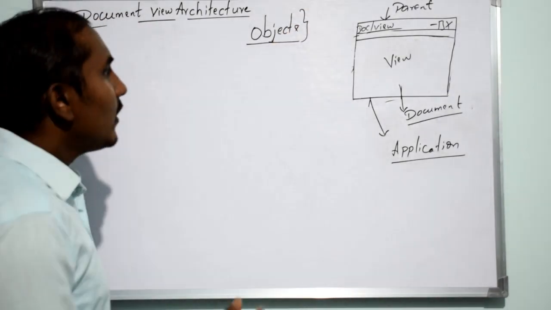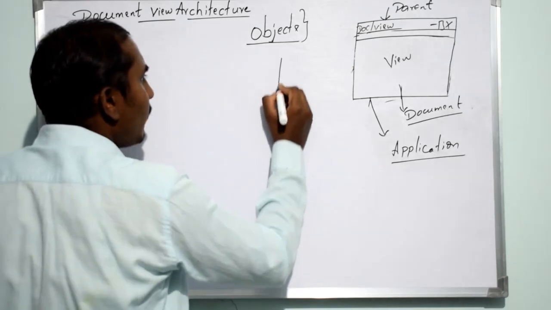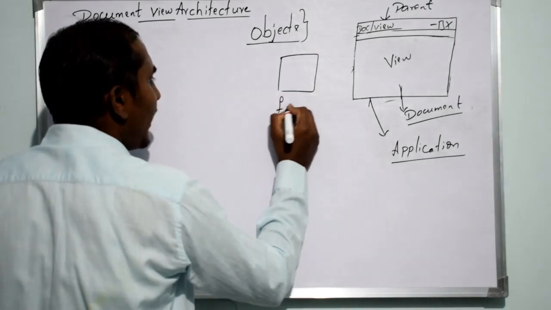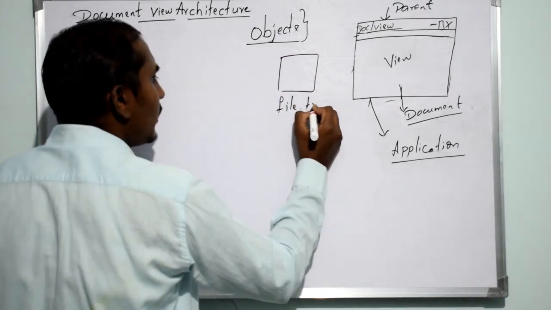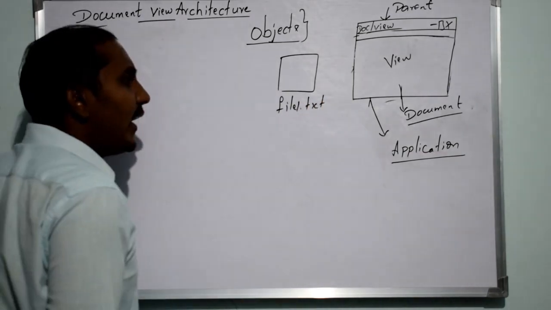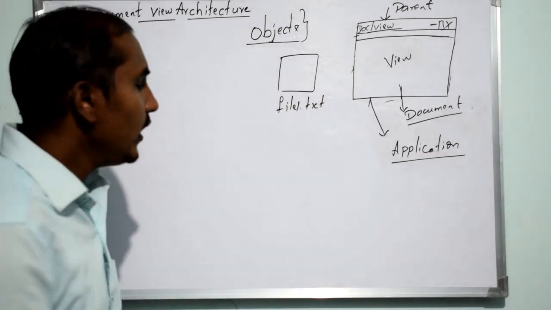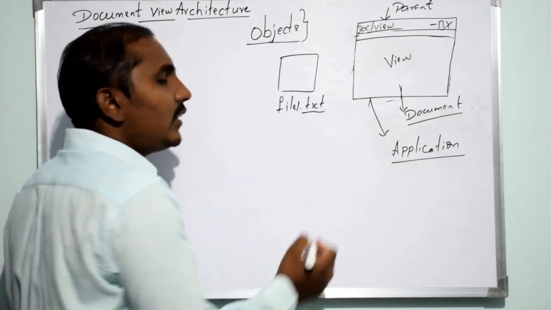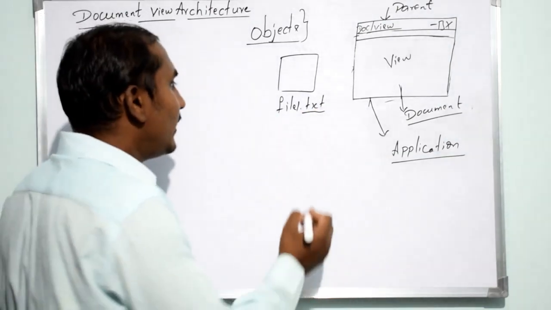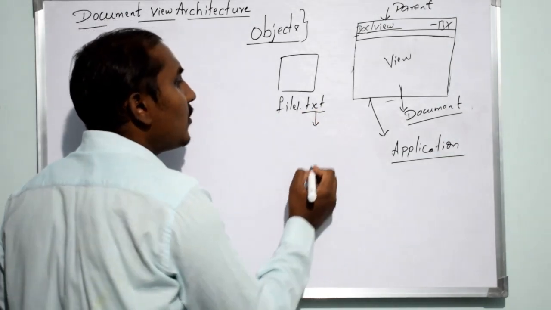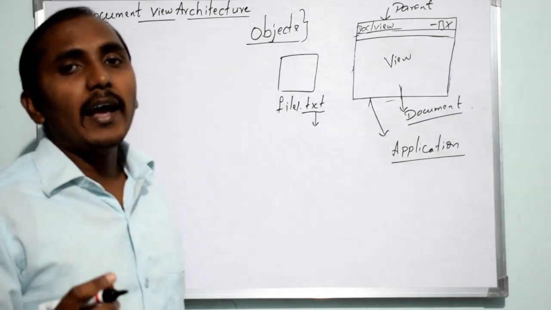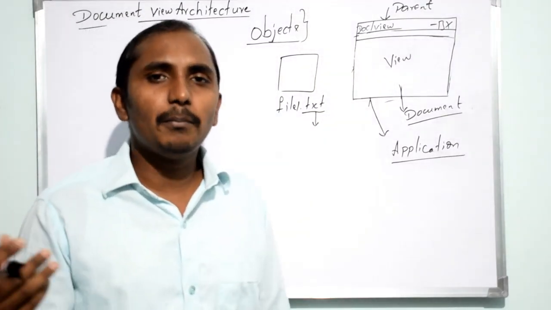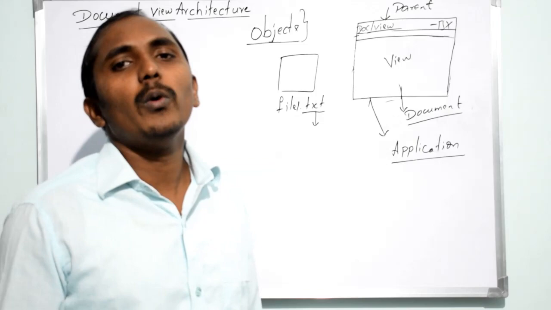Consider you have a file called file1.txt. As you observe, it is a text file. Text file, in the sense, information will be in the form of text, which you can access using applications like Notepad or WordPad.